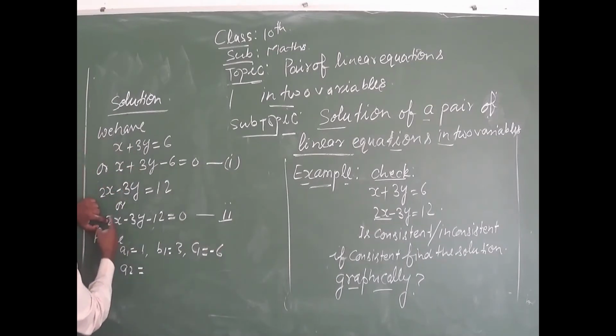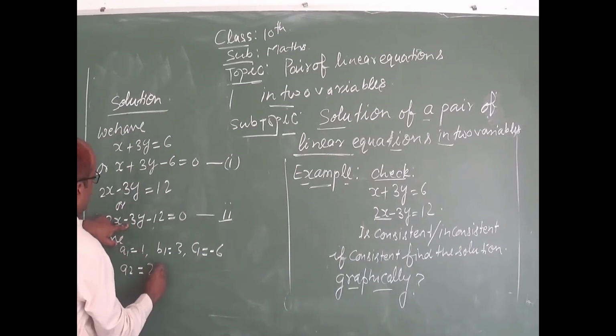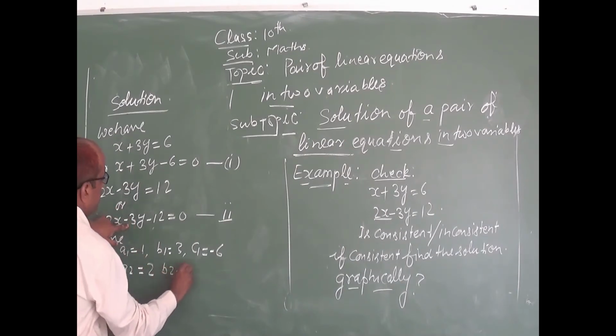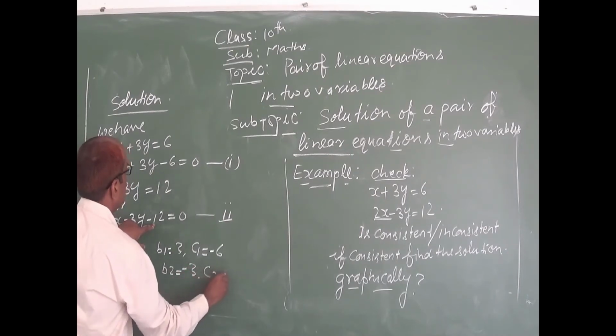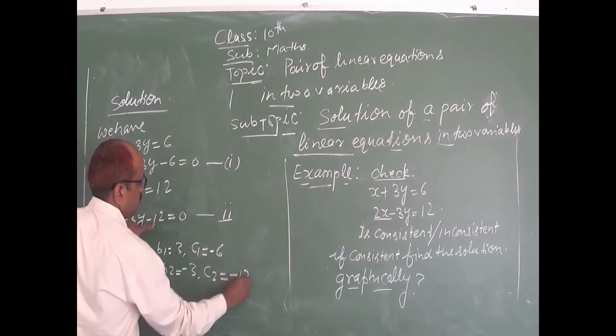a2 is equal to 2, b2 is equal to minus 3, and c2 is equal to minus 12.